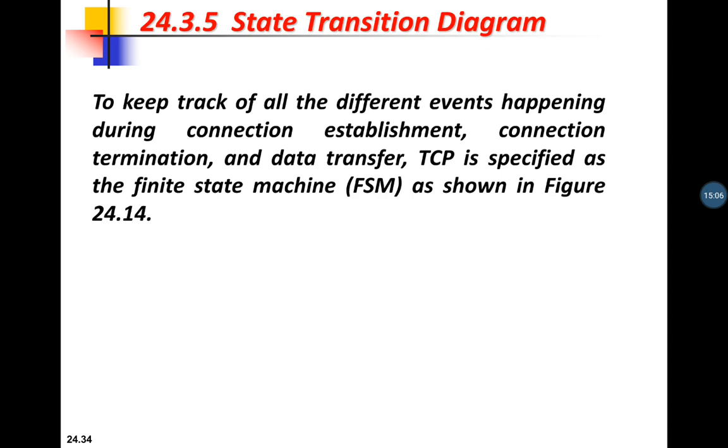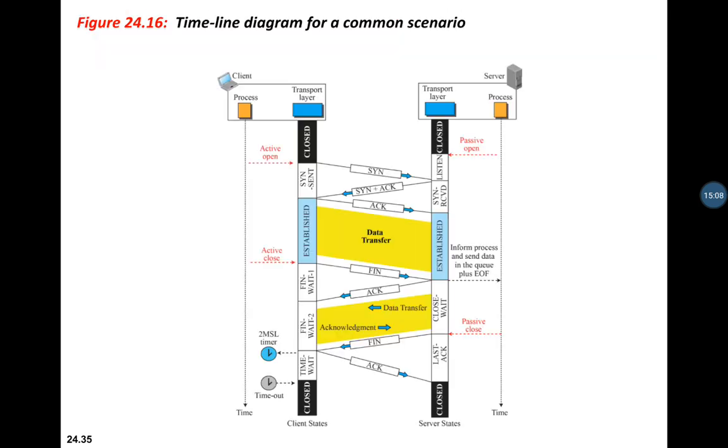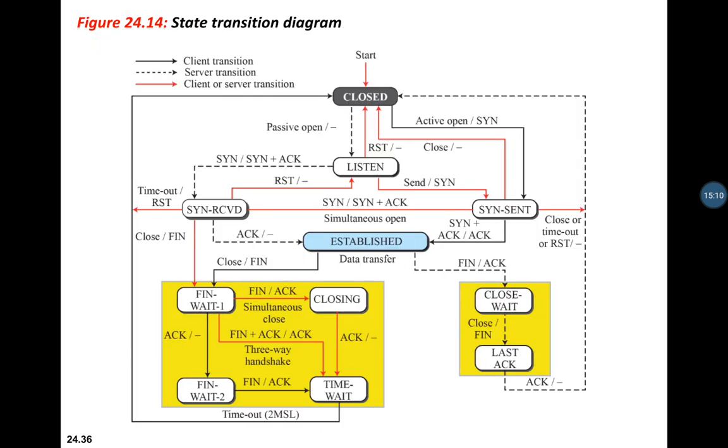In the finite state machine, the rounded corner rectangles indicate the states, and transition from one state to another is shown using directed lines, and each line has two strings separated by a slash. One side is the input, the other is the output. Input is what TCP receives, and output is what TCP sends.